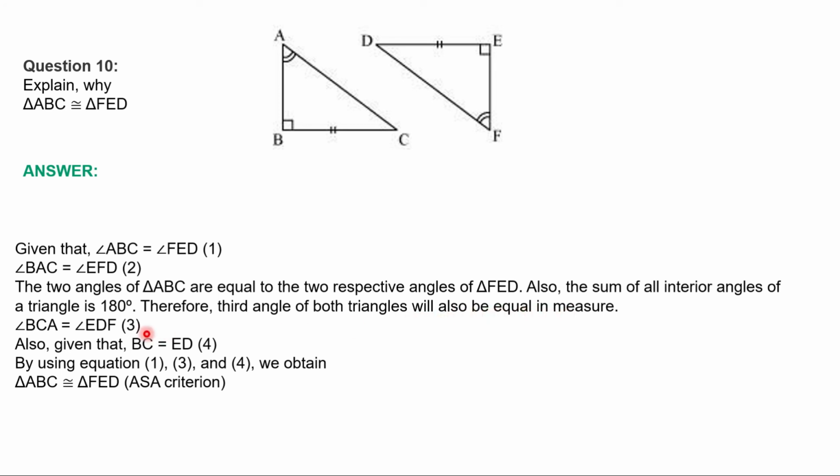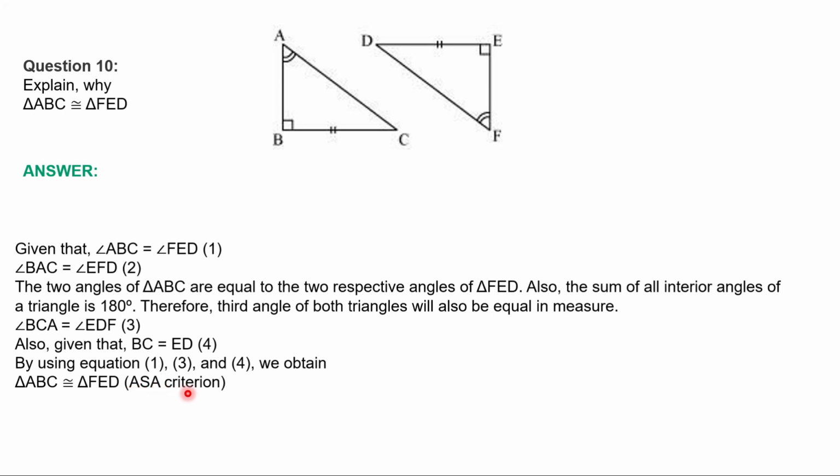By this we can say that angle BCA equals angle EDF. Angle C is equal to angle D. It is also given that BC equals ED. This side is equal to this side. So by using equations 1, 3 and 4, we obtain that triangle ABC is congruent to triangle FED.